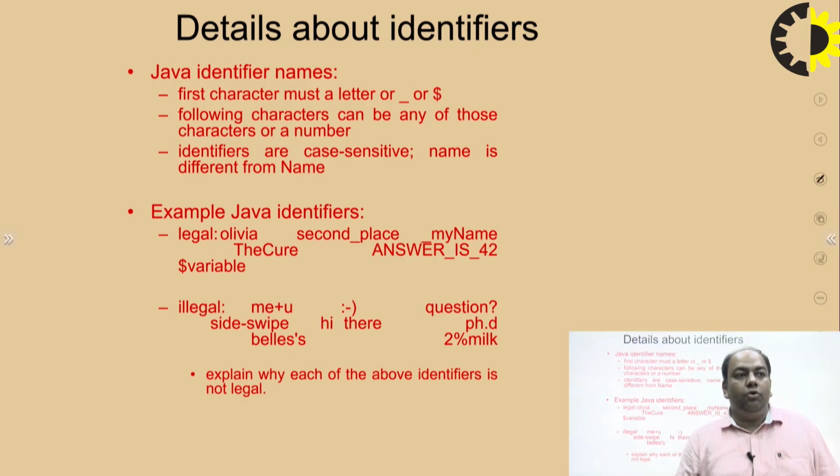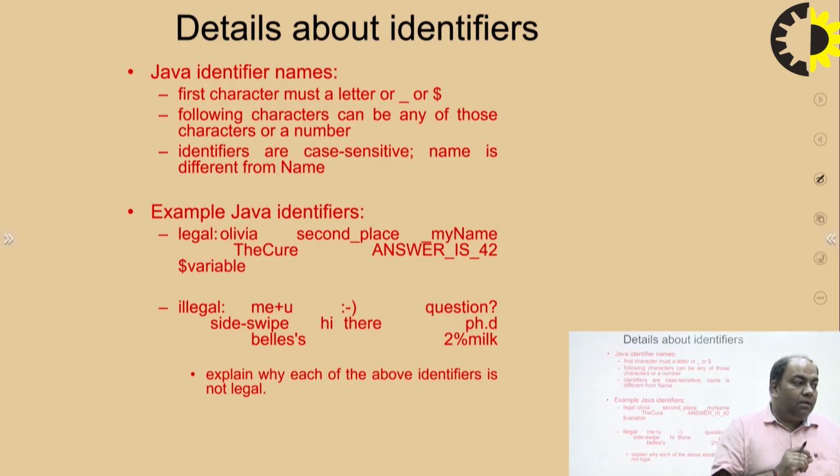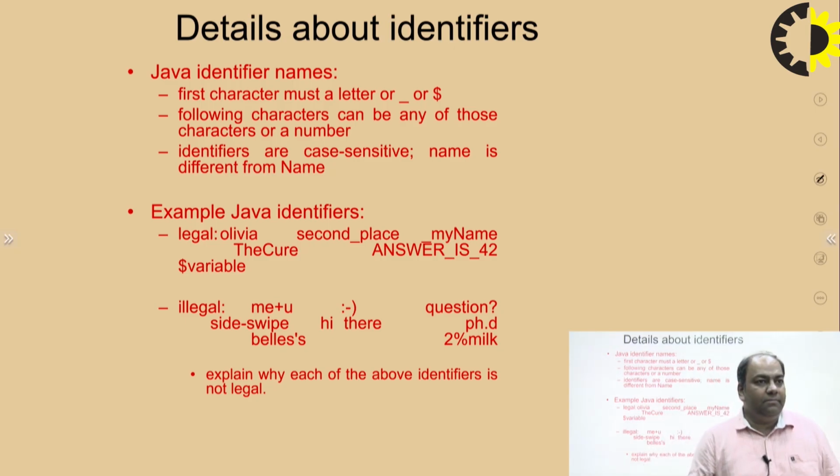We can only use underscore. And first character should be alphabet. It cannot be a number, and corresponding alphabets can be a number, but it should not use any symbol.